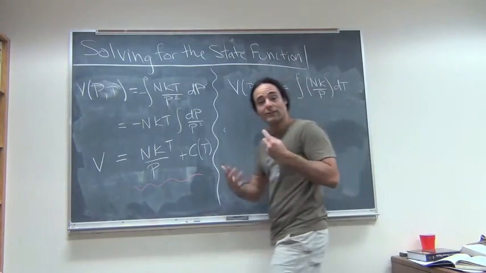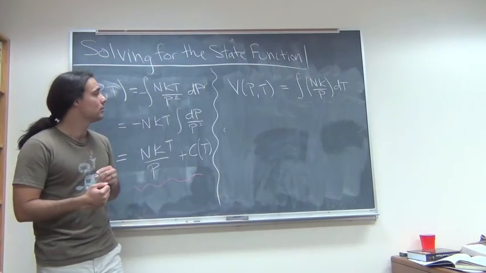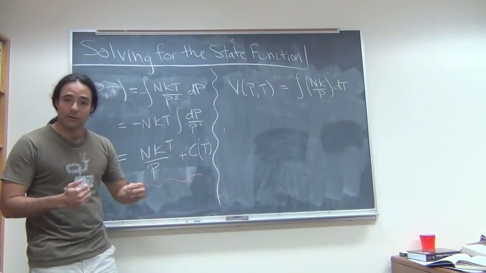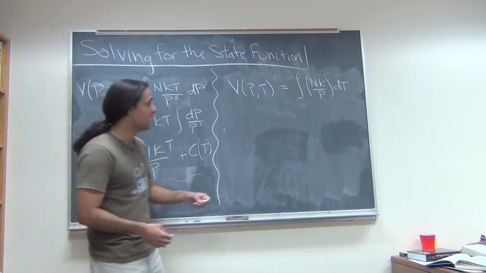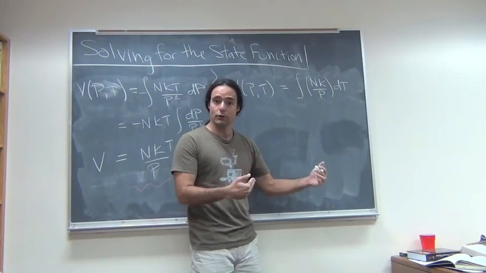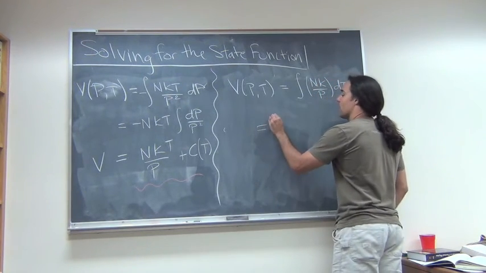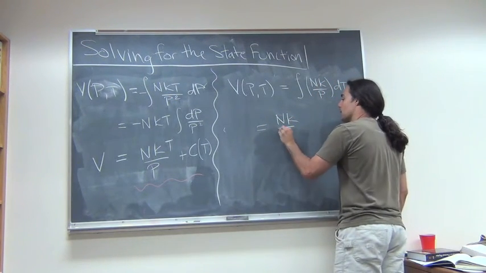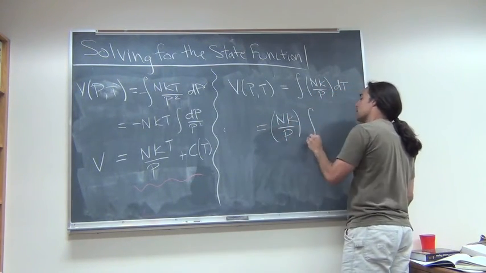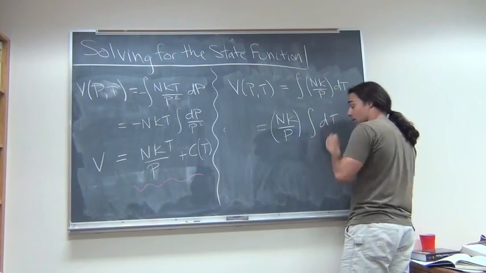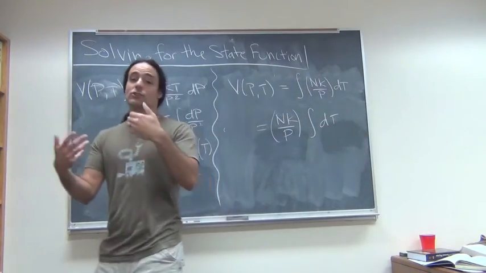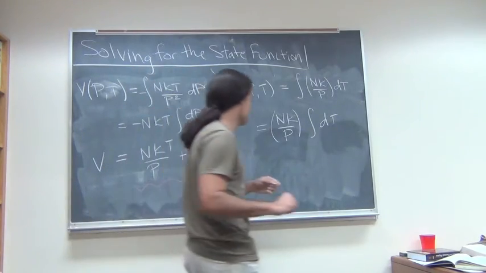Well, that's a particularly easy integral to do. n is a constant, k is a constant. We're treating P as a constant, because when we took the partial derivative, we treated it as a constant. So I'm just going to pull all of those out. That's going to be nk over P times the integral of dT. What's the integral of dT? That's just T plus a constant.